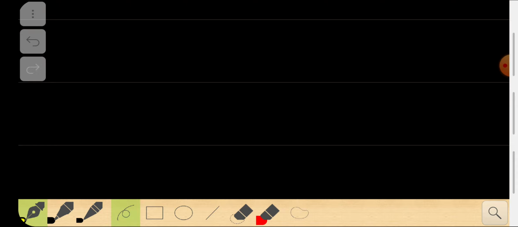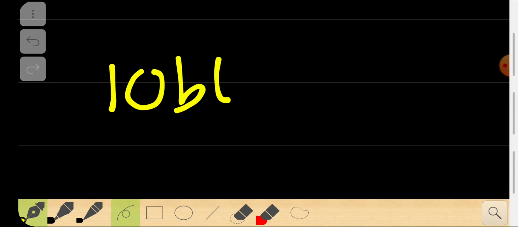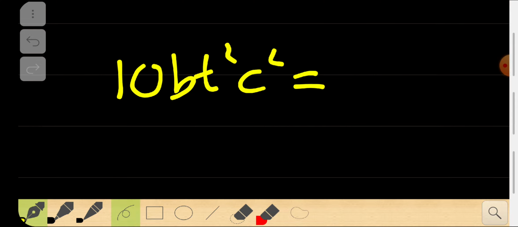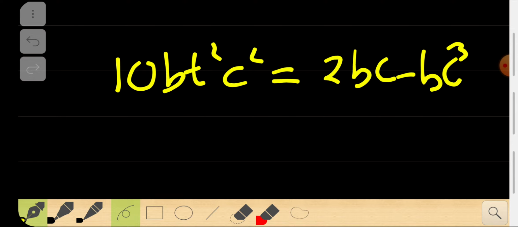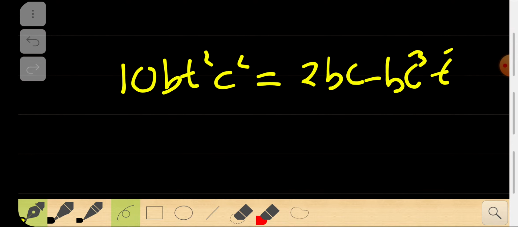Now let's look at one final case, and I'm going to close in. The final case is when they are both equal. So b t square c square, which is the theta cap, the tangential, will be equal to 2bc minus 4bc cube t raised to 4.